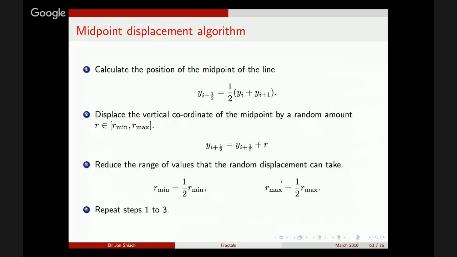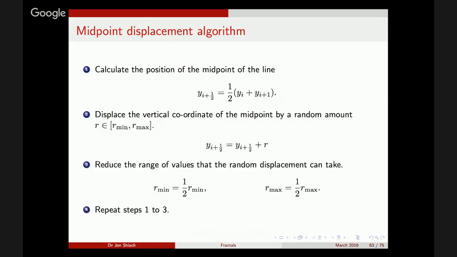Then you displace, or move up or down, that vertical coordinate, the y coordinate, by a random amount. So r is a random amount, somewhere in the range r min to r max, which you define. So all you're doing is adding something to your y coordinate at the midpoint. So you're displacing the midpoint, hence the name of the algorithm.